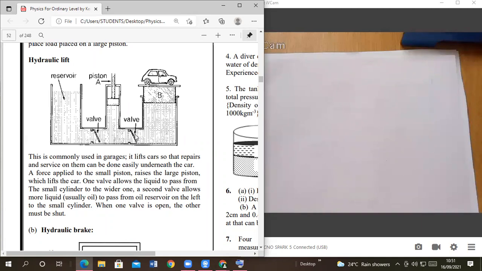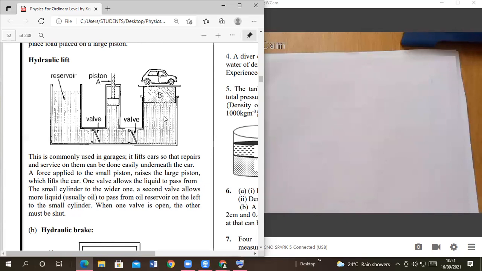Now that oil will be pushed through to the second cylinder, this larger cylinder where we have the bigger piston B, and this will push the piston upwards. So once the force is applied on the piston, it closes this other valve on the left and opens the valve on the right, allowing the liquid to flow to the larger cylinder.